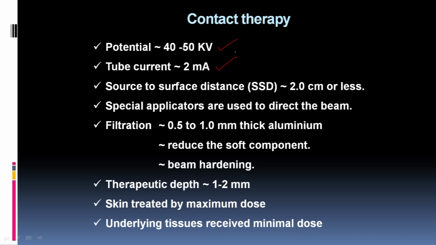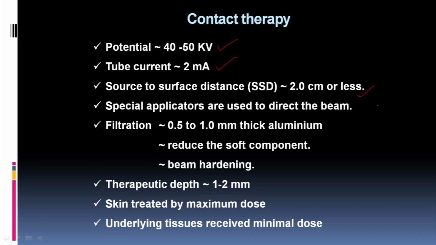Source to surface distance is also one of the prominent parameters to define any type of radiotherapy unit. In contact therapy it is 2 centimeter or less, meaning the source is placed 2 centimeter away from the surface of the patient or any therapeutic surface.